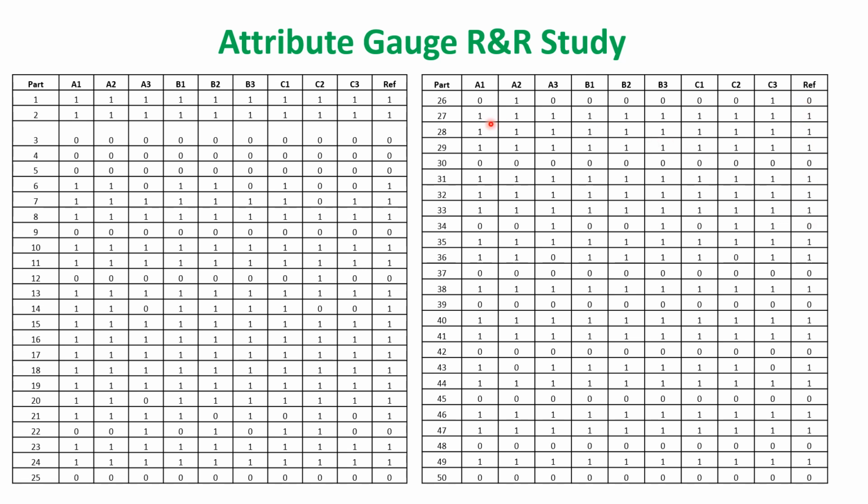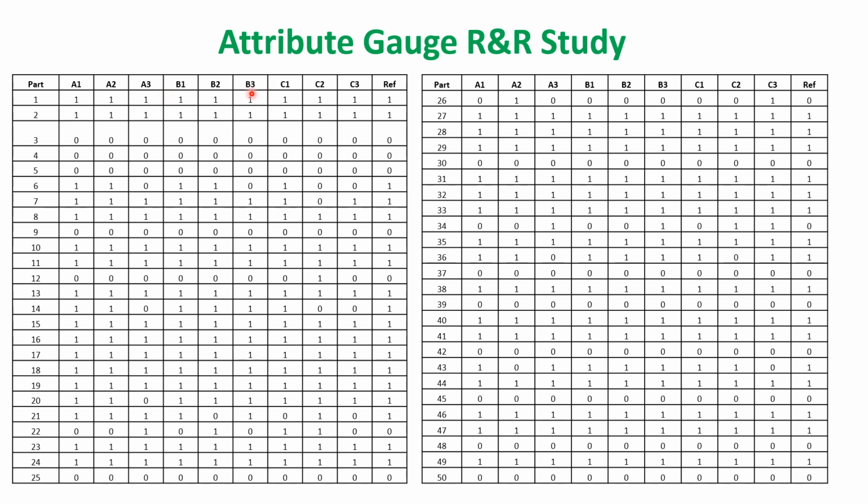Now I will ask the operators to take the readings randomly. There are three operators: operator A, operator B, operator C. Operator A's first reading will be A1, second reading A2, third reading A3.